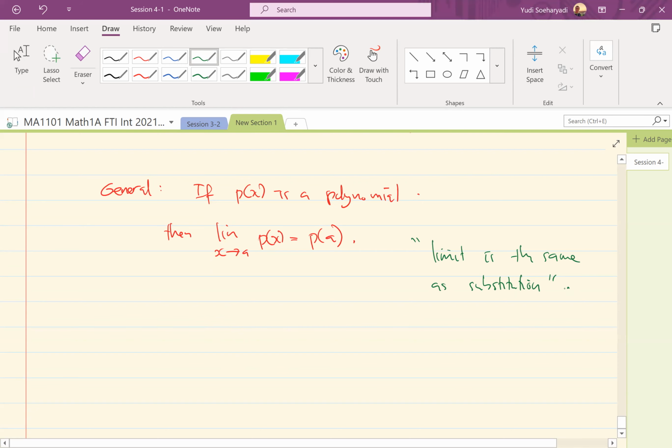So that's the basic idea of the definition of limit, used to prove basic things, and then we just use the basic things.